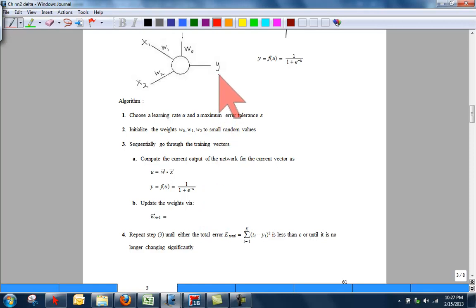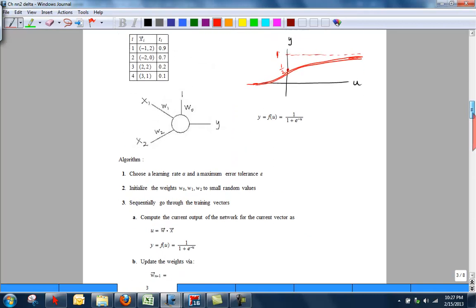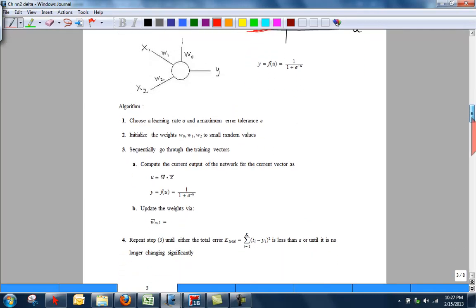The network outputs a number called y, and that's what it is predicting the output should be. Well, I do have teacher values. I have t values, and so I want to take the y's that the network guesses, compare with the t's that the teacher says are the right answers, and adjust the weights.